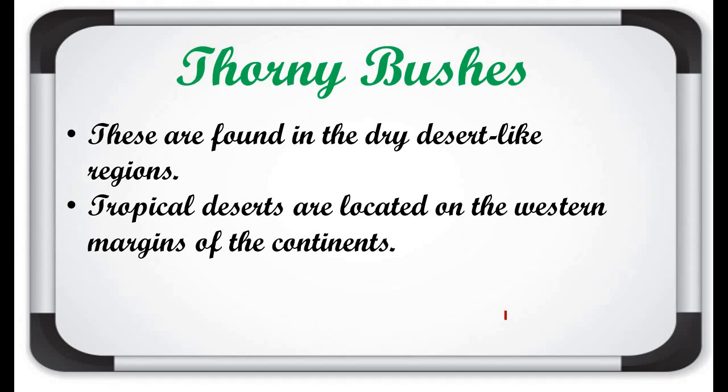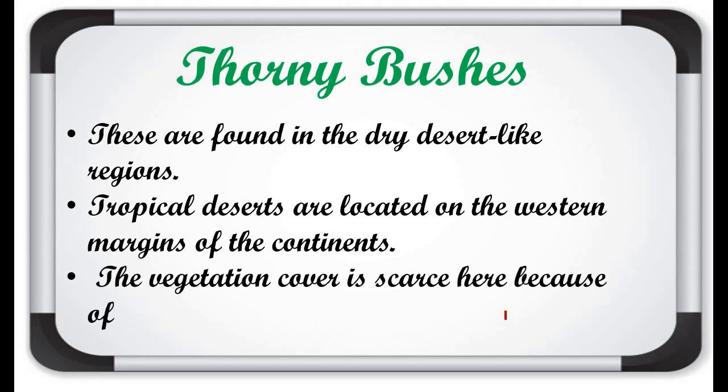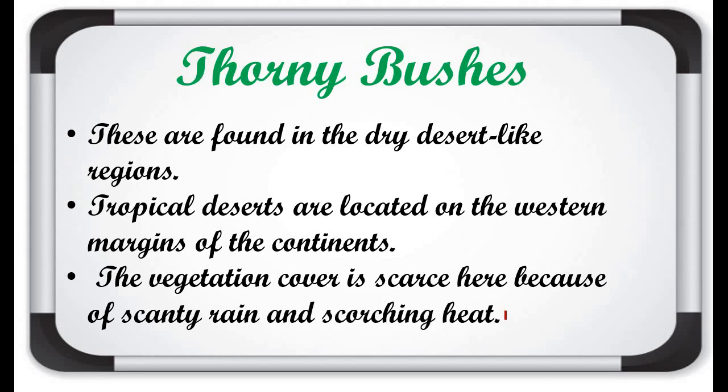The vegetation cover is scarce here because of scanty rain and scorching heat, due to shortage of water and the scorching heat of the sun, only a few vegetations are found in these regions. Desert vegetation is found only in dry areas.